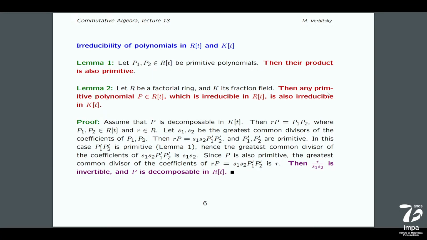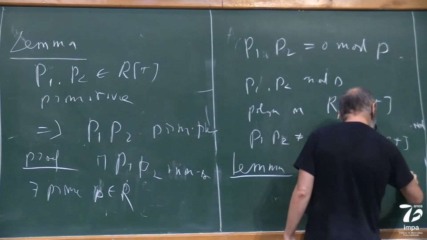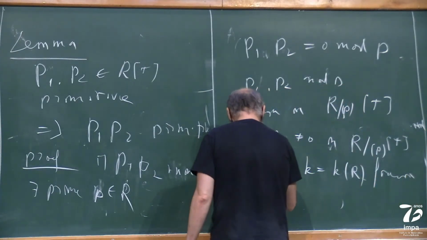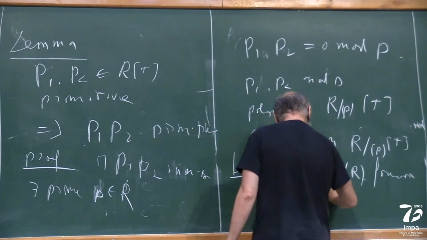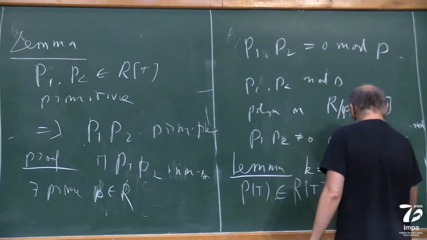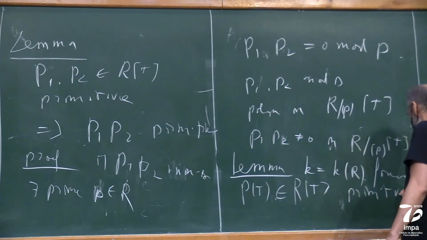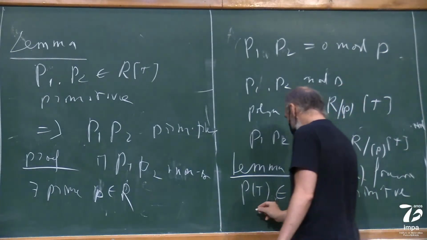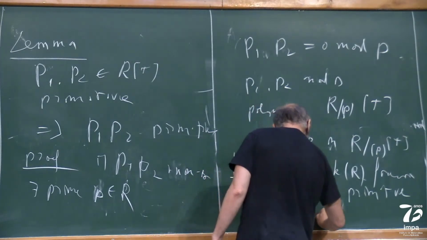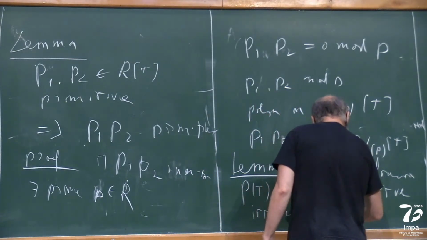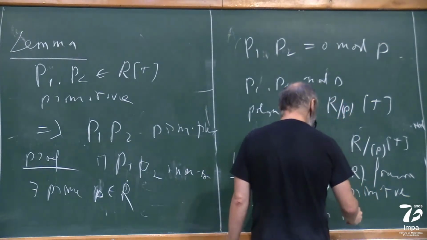So suppose K is the fraction field of R, and you have P(T), a polynomial which is primitive and irreducible in K[T].